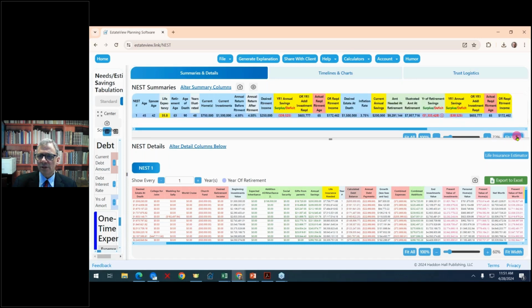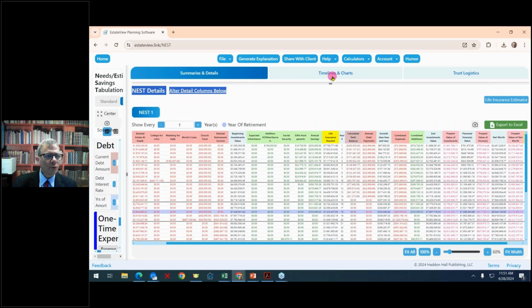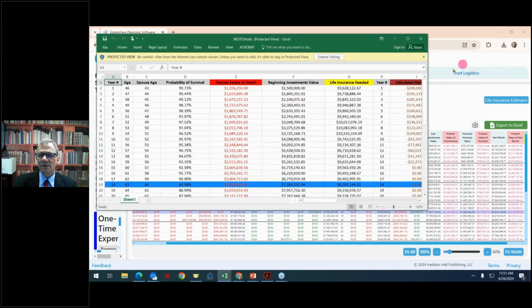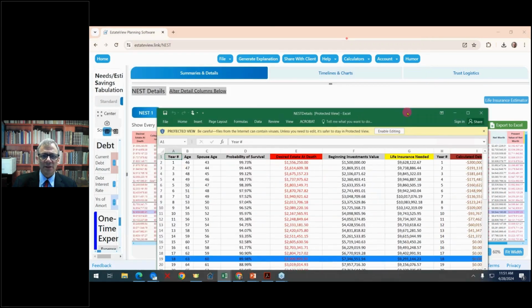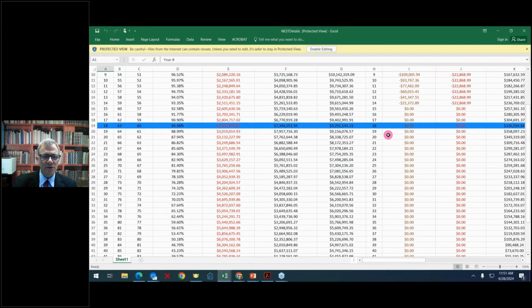You can always click on fit width to fit them all in. And then across the bottom, you always have, if you're in Pro mode or Pro Plus mode, a spreadsheet. The spreadsheet can be exported to Excel and used as an Excel document that you can then change later as you may decide to do so.